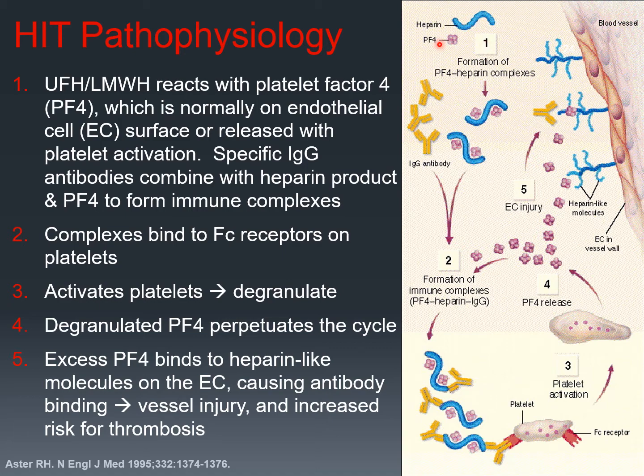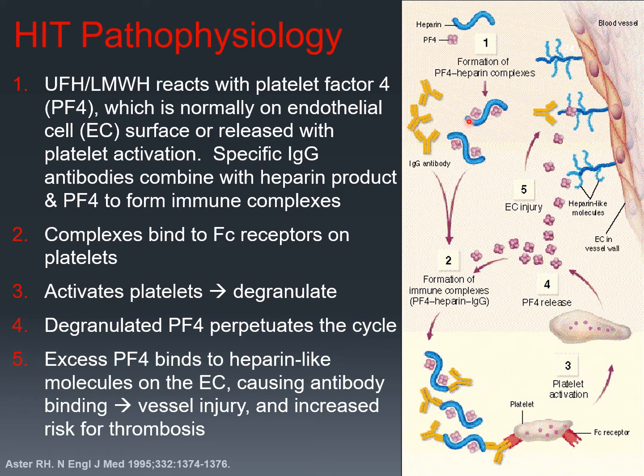Platelet factor 4 is released from platelets upon activation, and it's just freely circulating in the body, as well as the heparin will be freely circulating when it's administered parenterally. The two of these complex together to form a platelet factor 4 heparin complex.